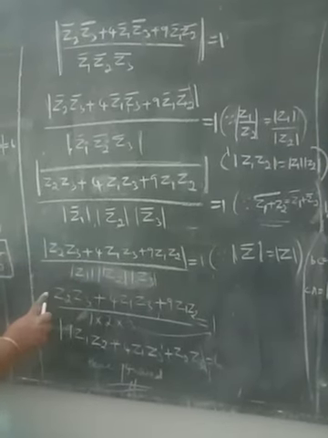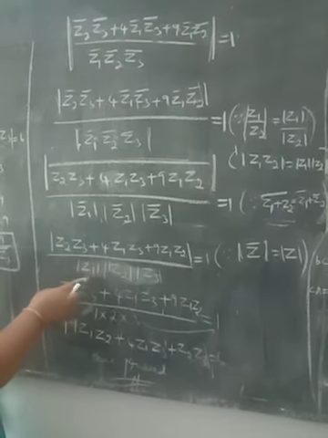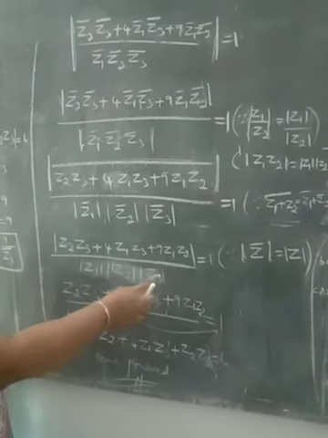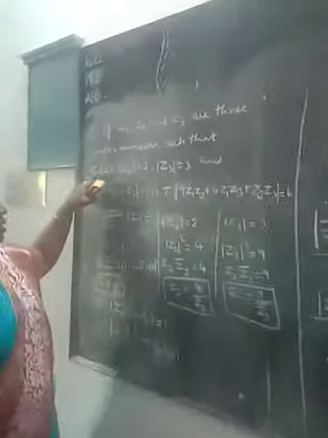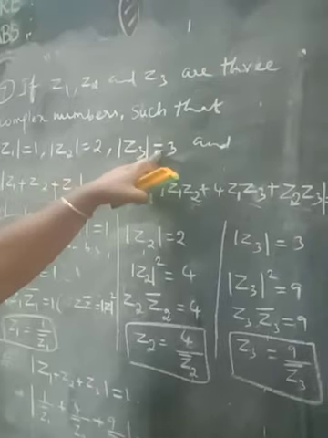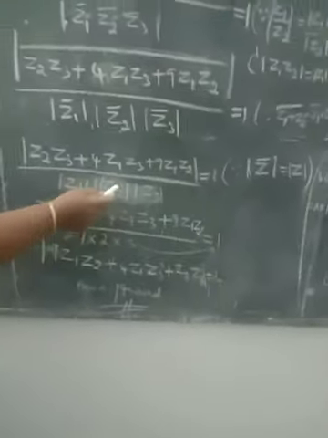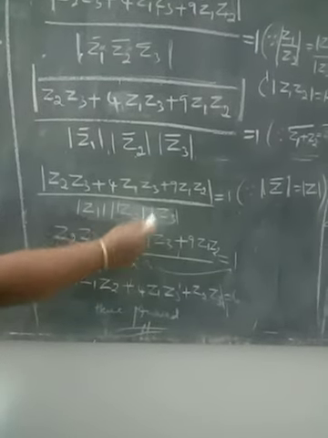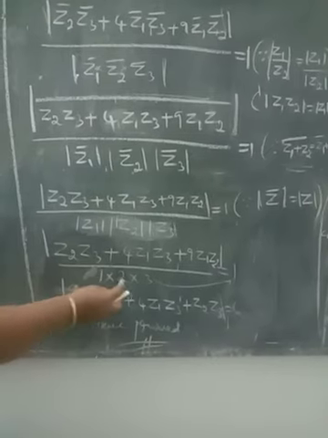Okay. Now modulus of the numerator divided by modulus of Z1, modulus of Z2 into mod Z3. See here, given mod Z1 value 1, mod Z2 value 2, mod Z3 value 3. Now you substitute this here. So now 1 into 2 into 3.